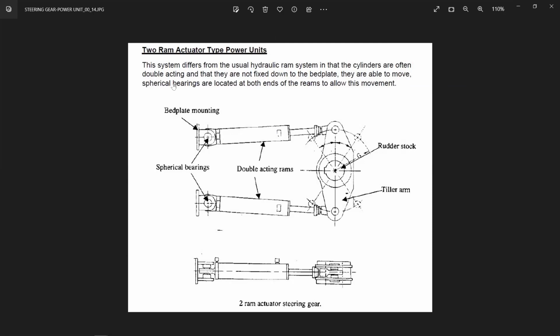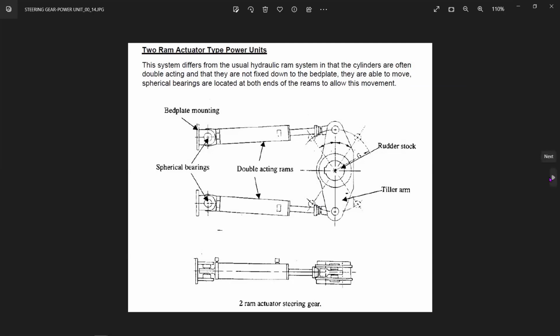They are able to move in the spherical bearing, which we have here at both ends of the rams, to allow this movement. So that means this entire spherical bearing is there and it allows for the movement. It means basically as the rudder moves in the port or starboard direction, this entire actuator can move freely along the spherical bearing as required. So that is the advantage of this type.